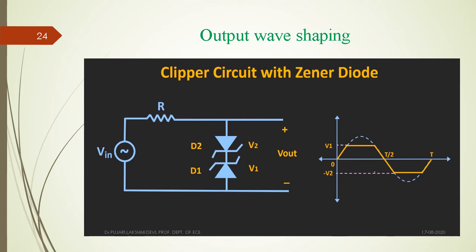Whenever these two diodes are in open condition, the output waveform follows the input waveform. During this period, the output is an exact replica of its input. This is similar to the last circuit diagram of two PN junction diodes connected in parallel with biasing voltages of opposite polarities.